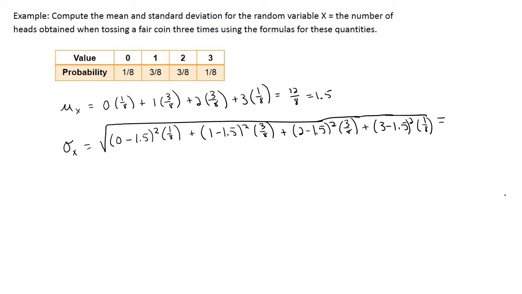And just type that all in your calculator, and you should see that the standard deviation is 0.866.